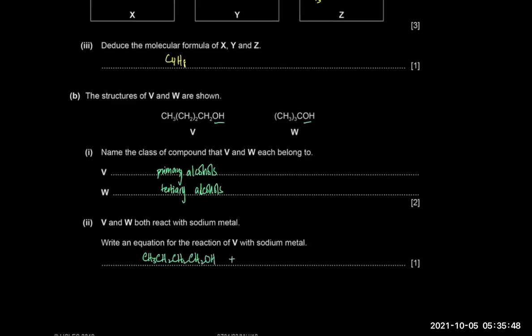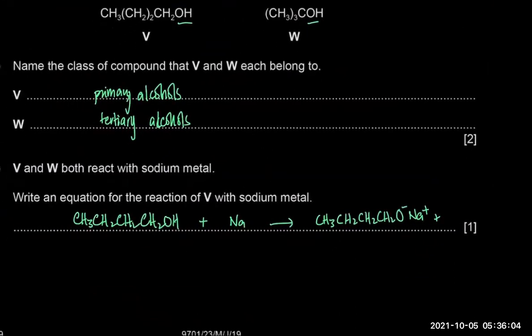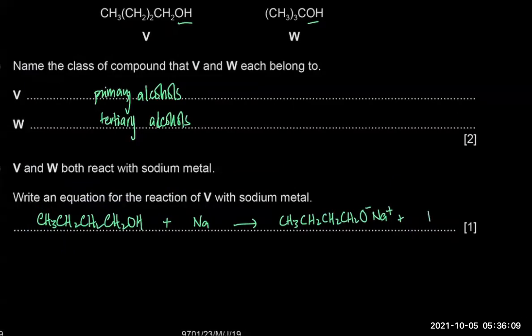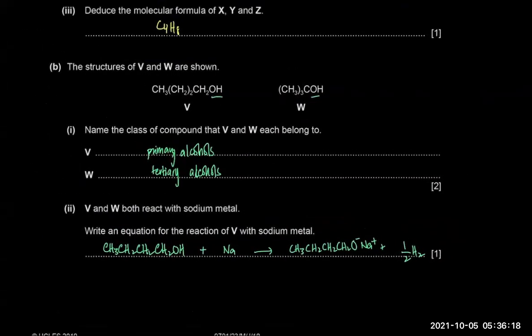V reacts with sodium metal to form CH3CH2CH2CH2O minus Na plus and hydrogen gas. Sodium metal, if you remember, is just a test for the OH group. So you see bubbles of a colorless gas as the observation.